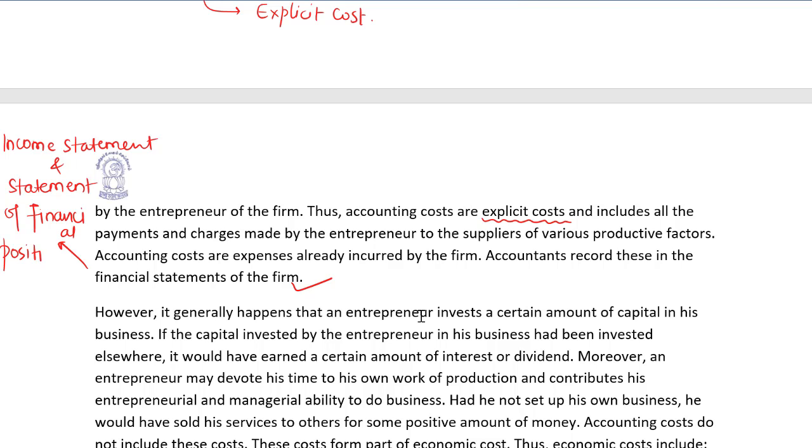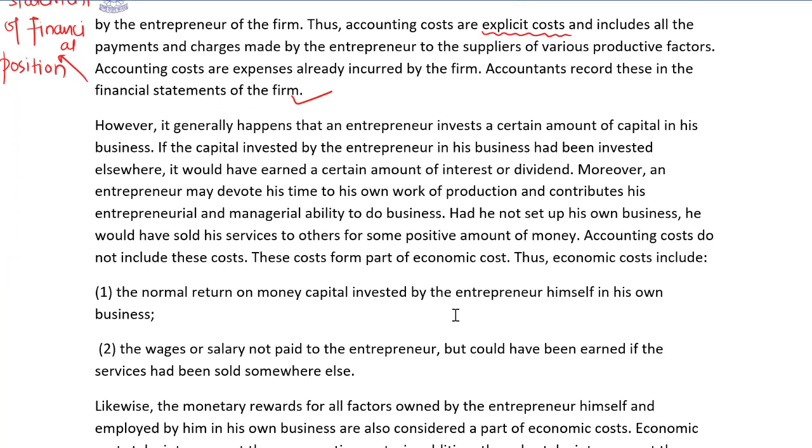However, it generally happens that an entrepreneur invests a certain amount of capital in his business. If the capital invested by the entrepreneur in the business had been invested elsewhere, he must have got some interest. I'll quote an example. Suppose there is an entrepreneur who is investing 5 lakh rupees in his business.